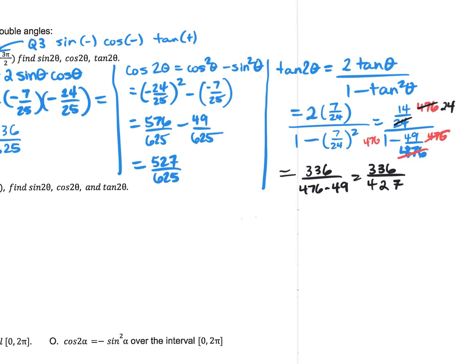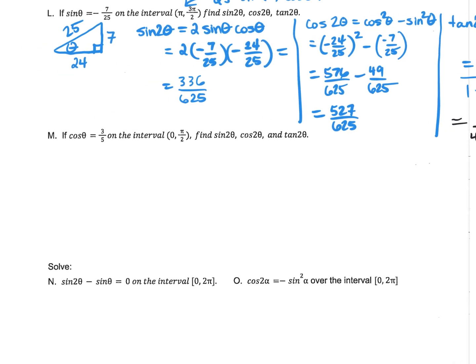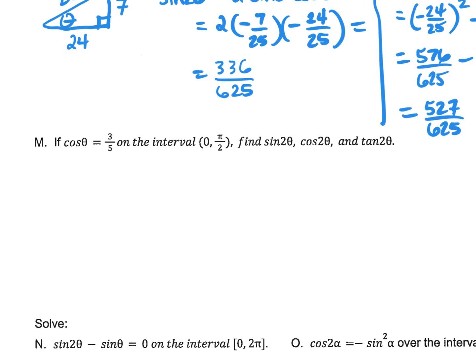Okay? Guys, just to reiterate, you look for this piece of it as you're leaving. You look for that piece of it to tell which quadrant you're in. The quadrant assigns the signs for sine and cosine and tangent of theta. So this is our quadrant.